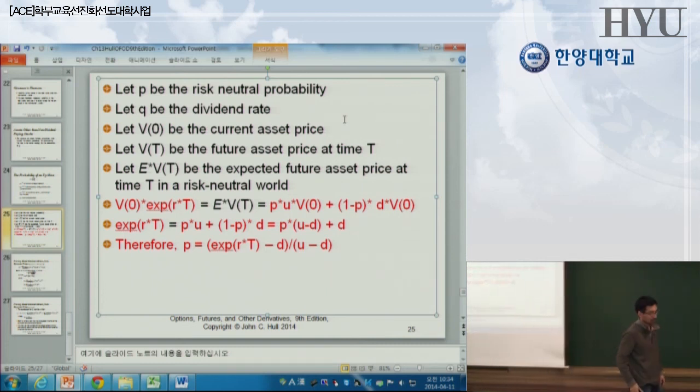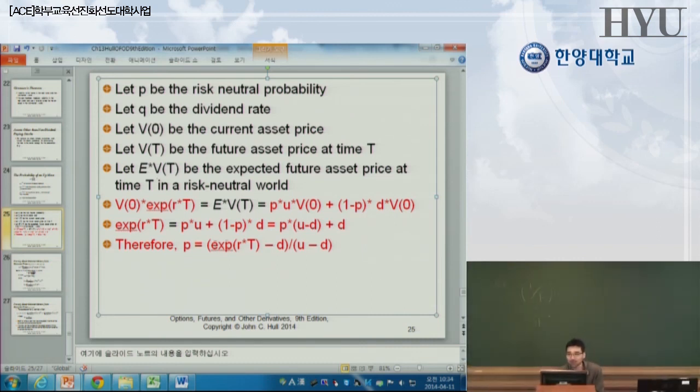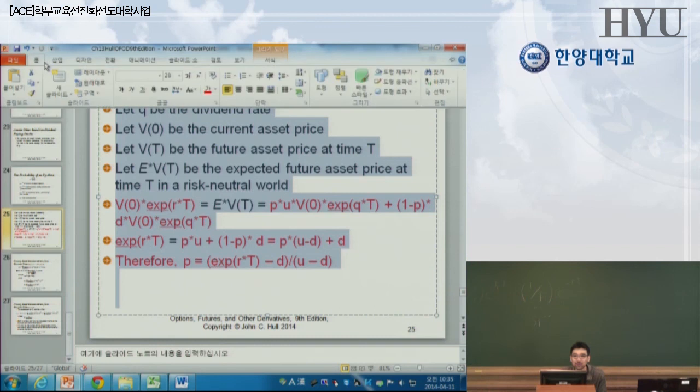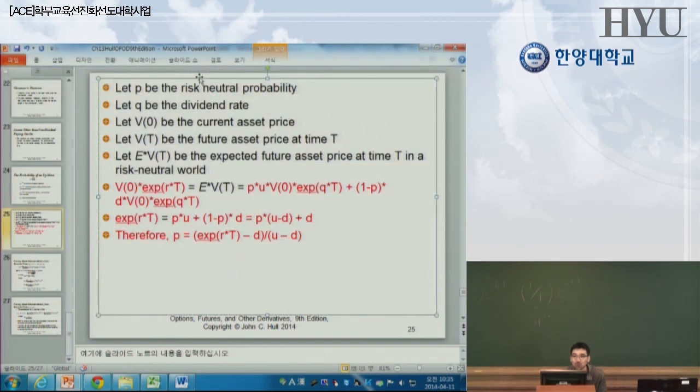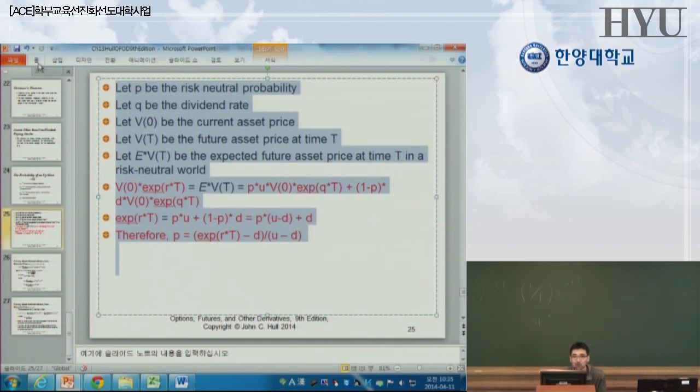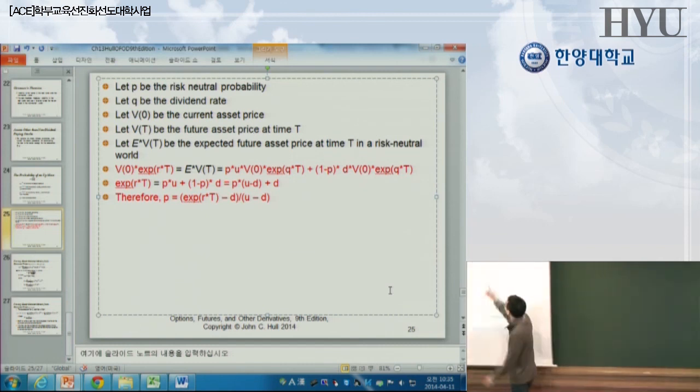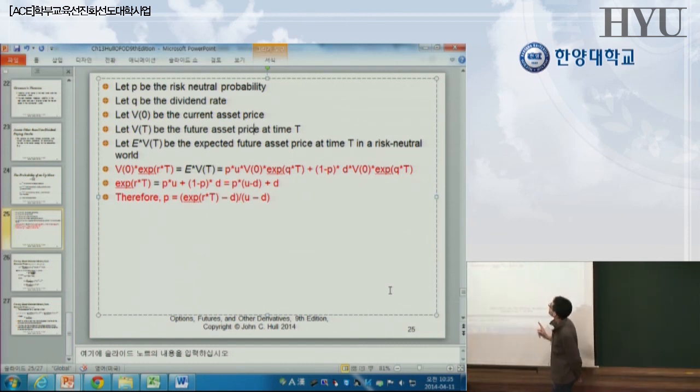Mathematically speaking, at each moment we have a new dividend flow, e to the Q multiplied by T, here and here, because now it pays a dividend rate of Q. So whether the price goes up or down, they pay a dividend each period.